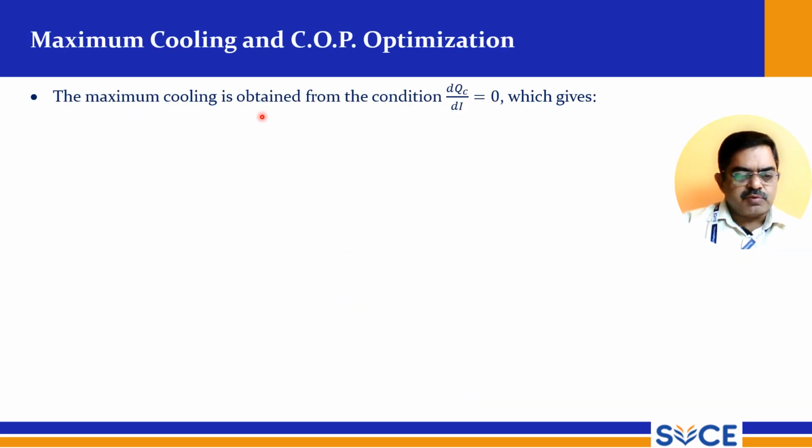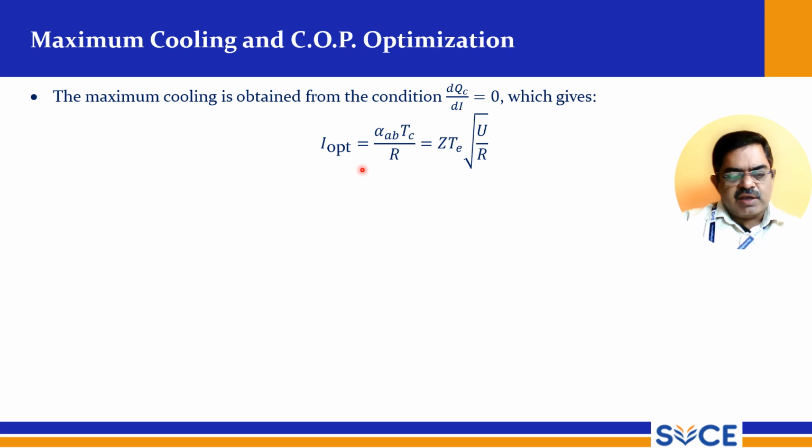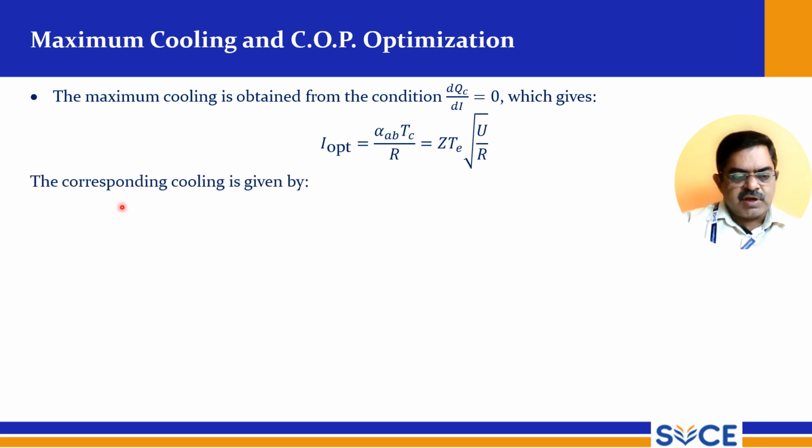So the maximum cooling is obtained from the condition dQc by dt equal to 0, which gives I OPT equal to alpha ABTC by R ZTE root of U by R. The corresponding cooling is given by QC max equal to half ZT square into TH minus TC.